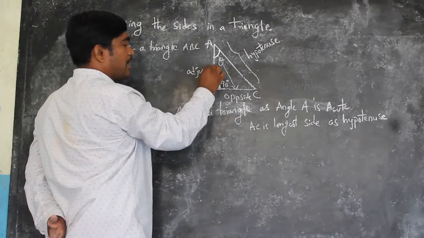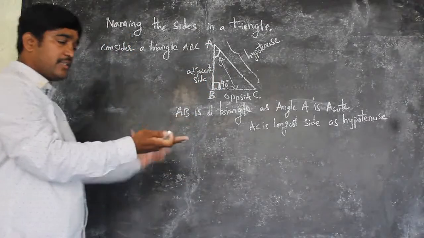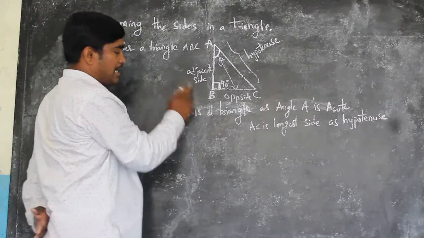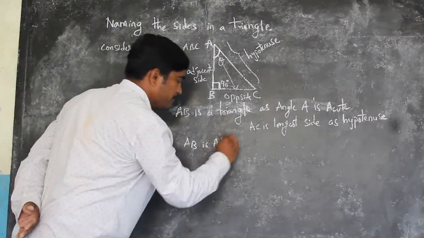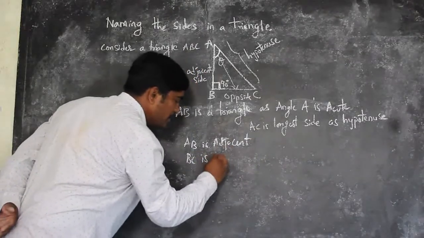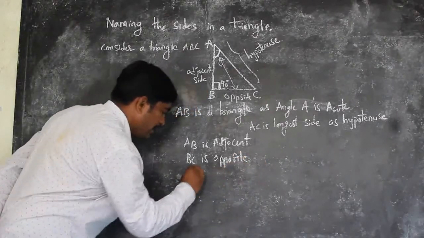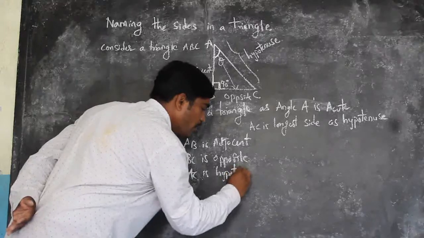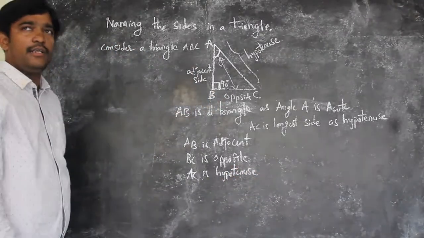Whatever is present beside that angle is said to be adjacent, the one related to it. Here AB is the adjacent. BC is the opposite, and AC is the hypotenuse. This is how we name the sides of a triangle ABC.